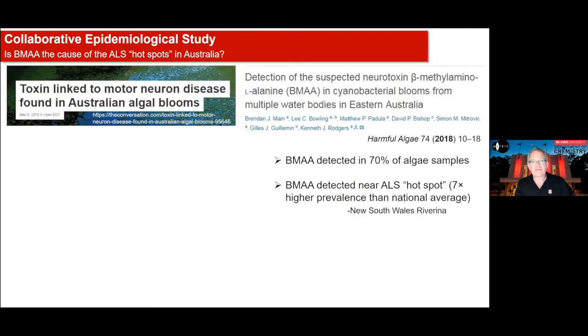So we published that paper back in 2018, and a group in Australia, which I got connected to through a friend of mine named Mark Baker. So Gilles contacted me and said, "Oh, can you run our samples? Because in these bodies of water all around Australia, there's a lot of hot spots."